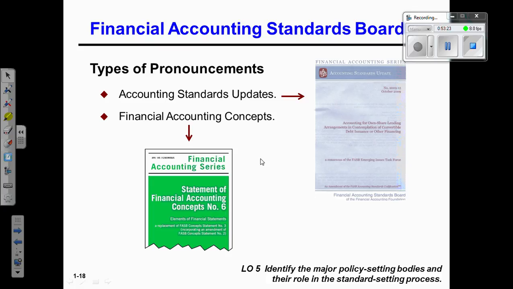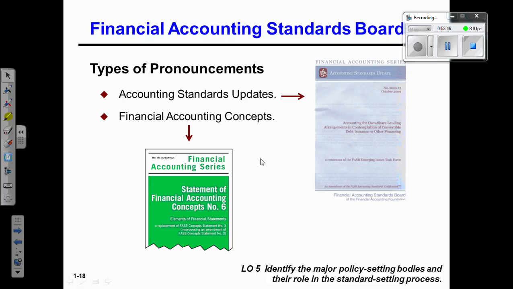Oh, the concept. So what's the difference between a concept and a FASB? Okay, this is the Conceptual Framework Project. The problem was that we had a whole bunch of gaps. Accounting research bulletins, APBs, accounting opinions, right? And then we had FASBs, but they're real disjointed. You know, they don't seem to fit together very well.